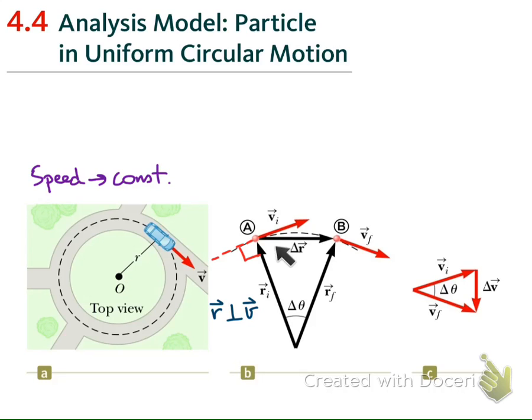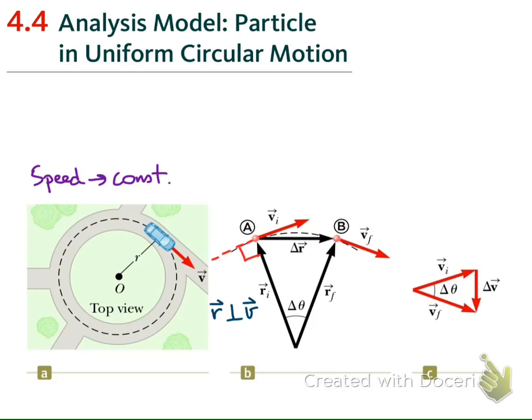So this is the displacement vector, and this is the position vector. The particle moves from A to B, the position vector changes from Ri to Rf, and the angle between these two vectors, Ri and Rf, is equal to delta theta.